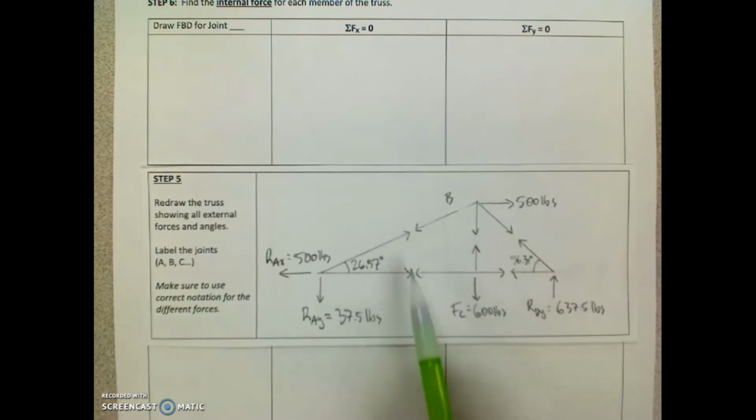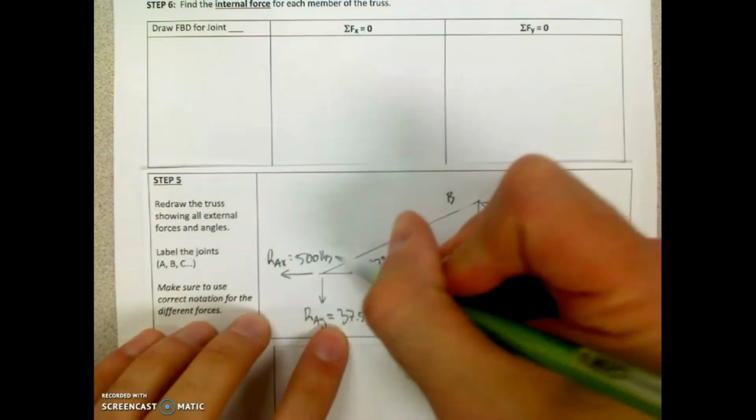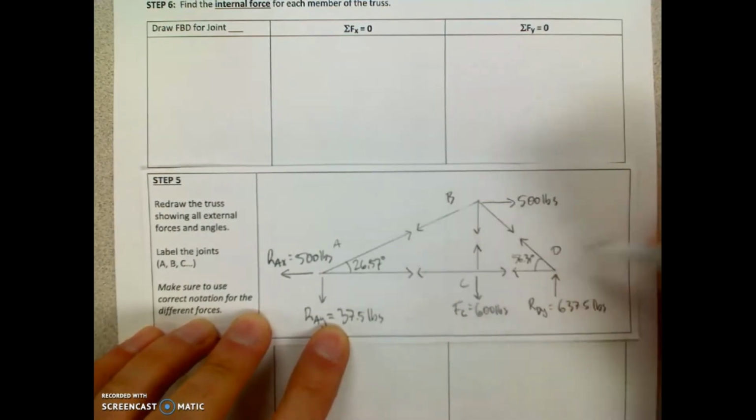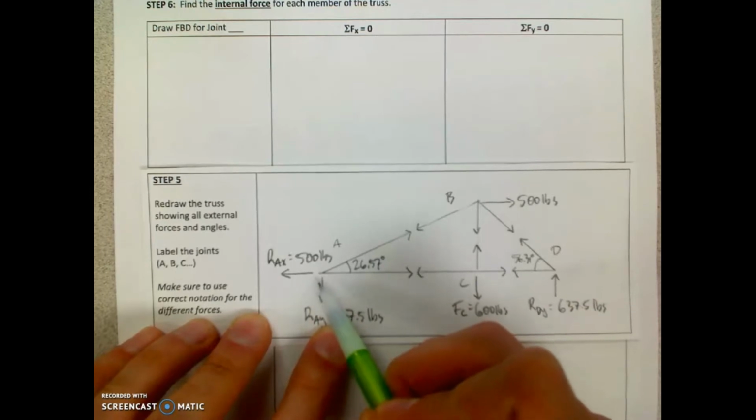Now, the reason why we erased the middle of each of those members was because we're always assuming that all of our forces are in tension to start off with. So if we have A, B, C, D, if we are in tension, what it means is the member is pulling away from your joint.